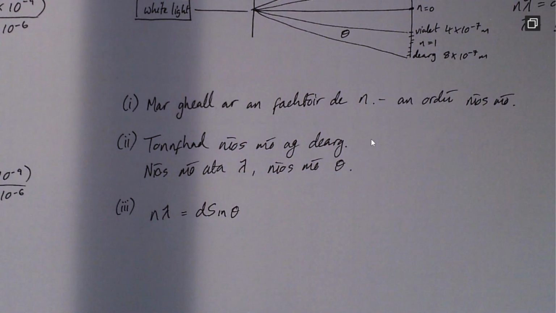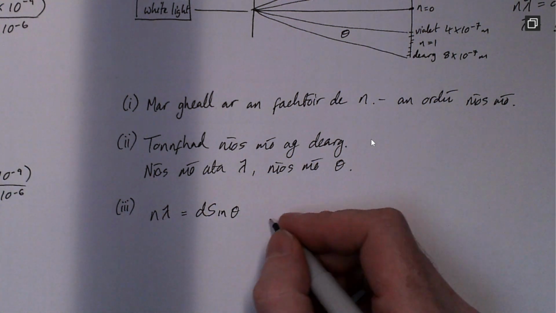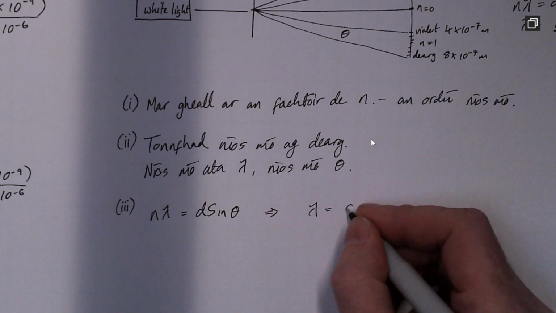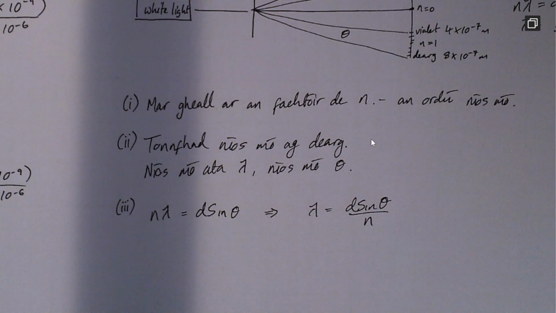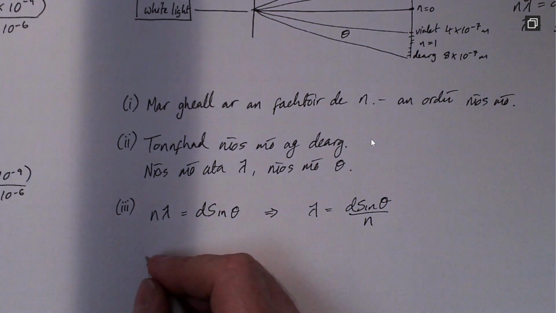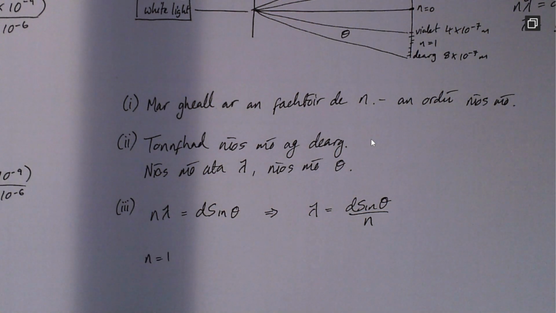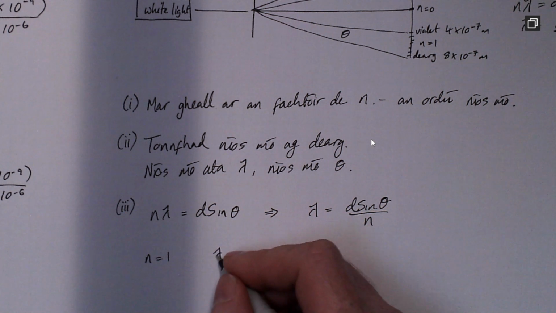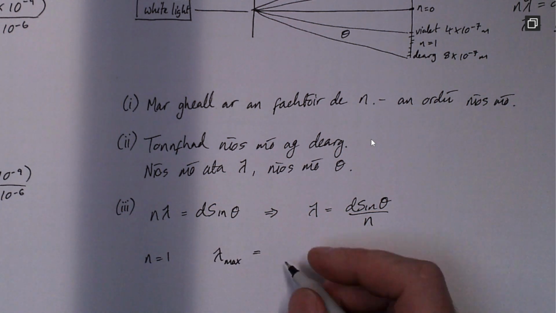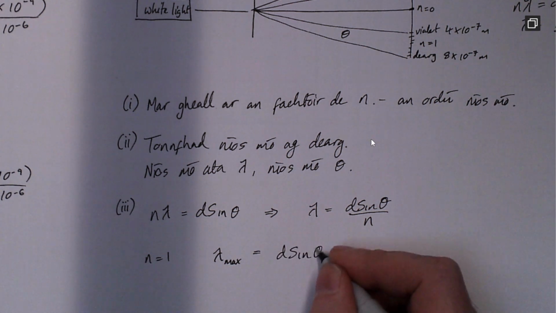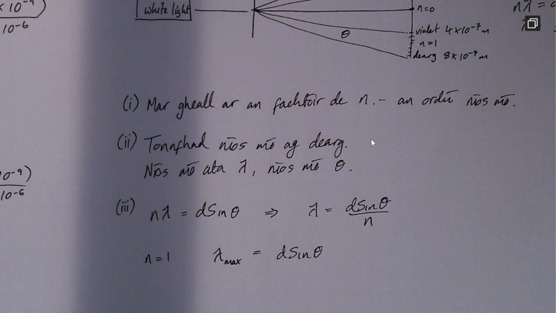Rearranging, lambda equals d sin theta over n. For the maximum lambda, sin theta is the maximum, which is the sine of 90 degrees, equal to 1.